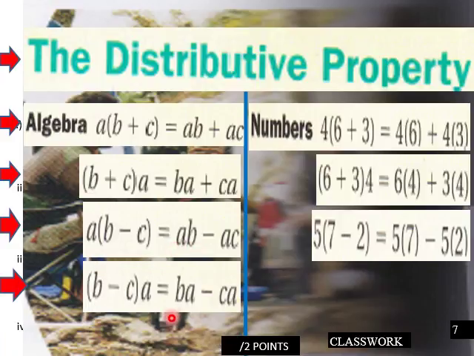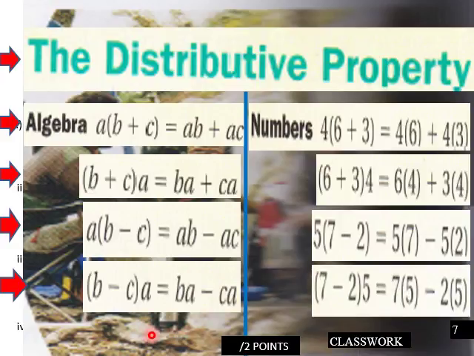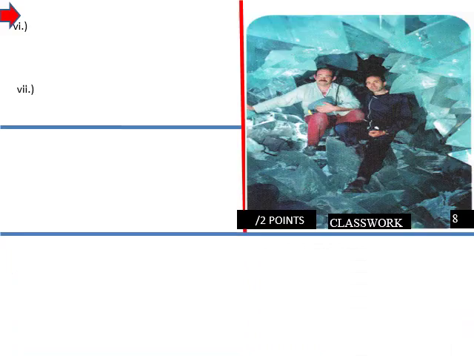And then we have this situation here. Again, this is the symbolic representation of this distribution of multiplication into a difference inside of the parentheses. This will be a numerical representation of that as well.